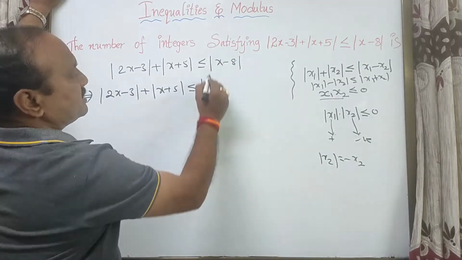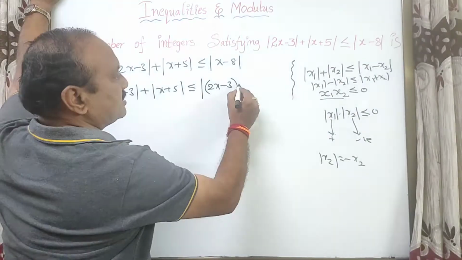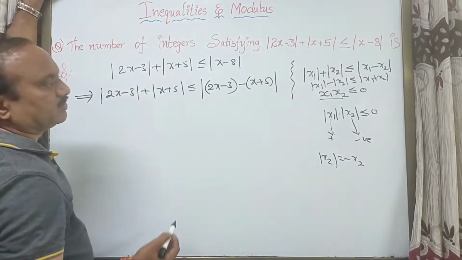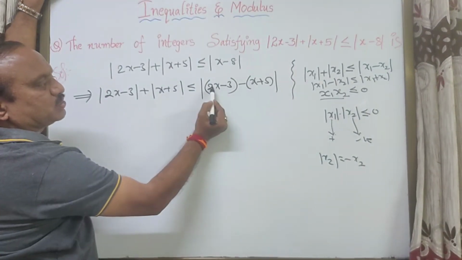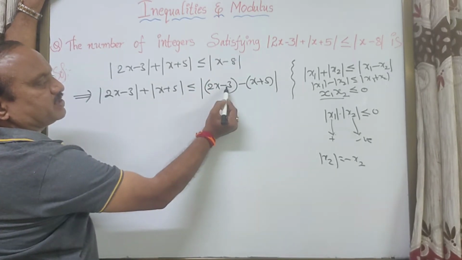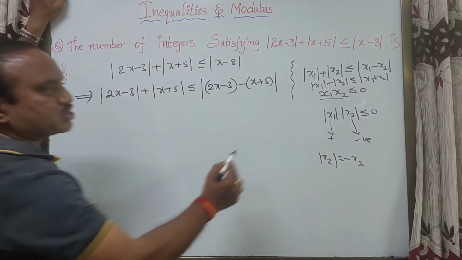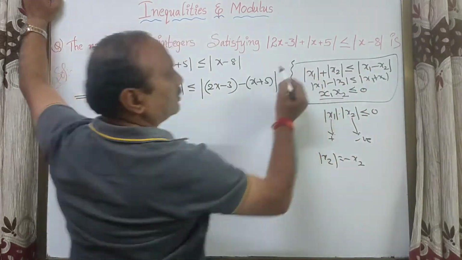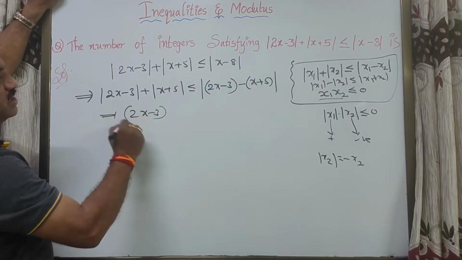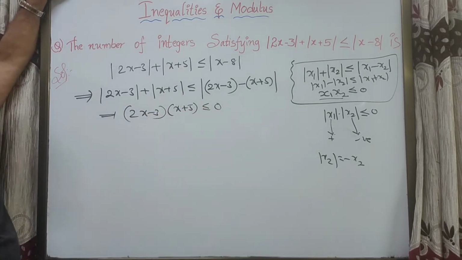Write down this x - 8 as (2x - 3) minus (x + 5). See, 2x minus x is x, and minus 5 minus 3 is minus 8. So from this shortcut point, (2x - 3)(x + 5) ≤ 0.